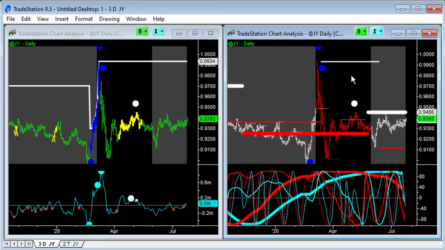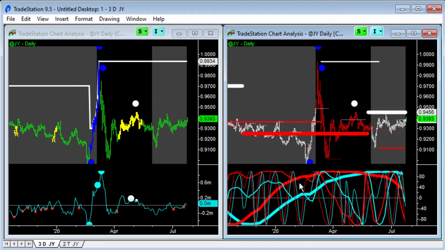Two sets of charts side by side. On the right hand side, Better Sine Wave and everything to do with price. On the left hand side, Better Momentum and Better Pro-Am, and that's everything to do with volume. So on the right hand side, here's Better Sine Wave below the price bars, and it calculates the cyclical activity in 3 different time frames.